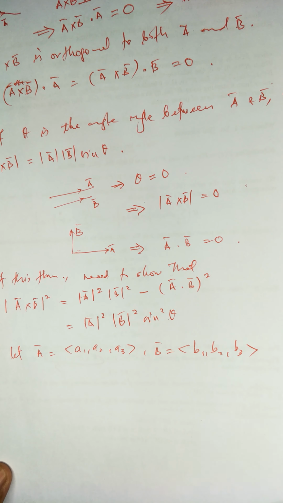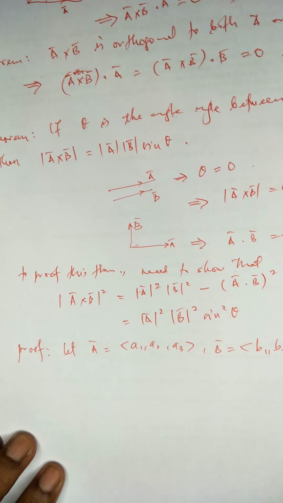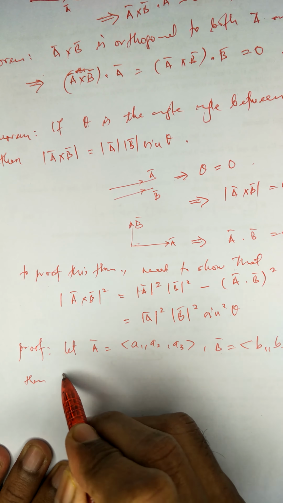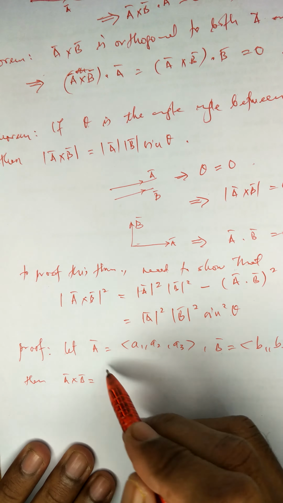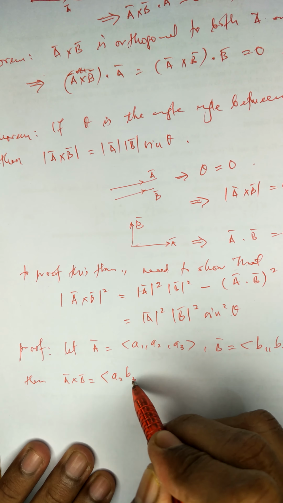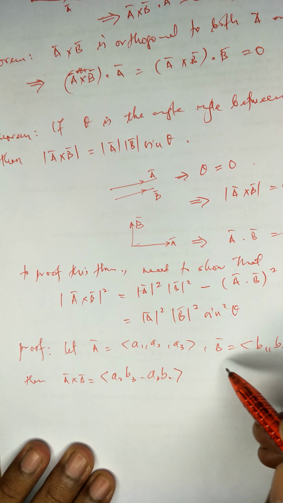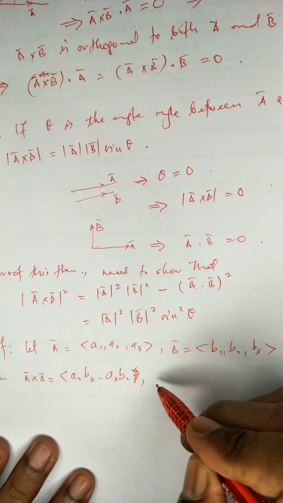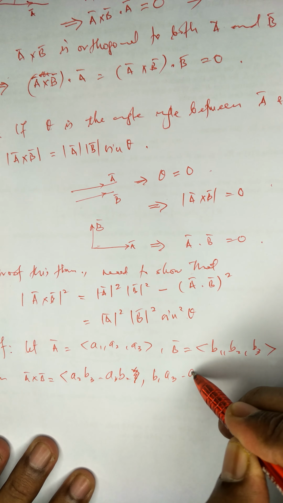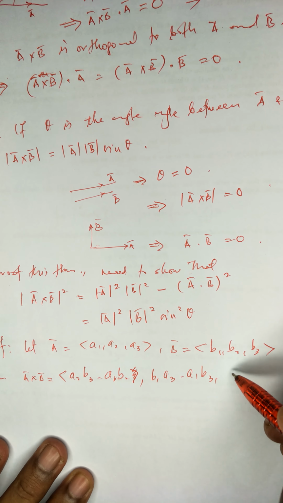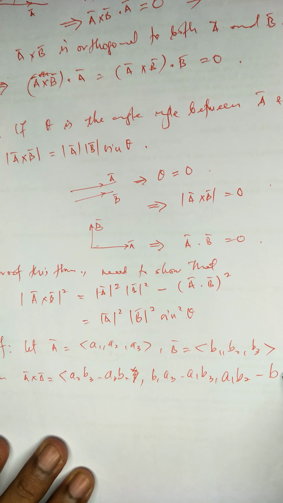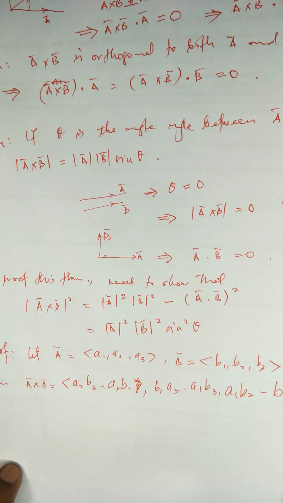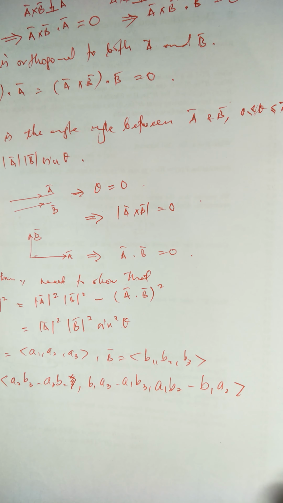If we perform the cross product between these two vectors by definition, A cross B gives us A2 B3 minus A3 B2 for component i, A3 B1 minus A1 B3 for component j, and A1 B2 minus B1 A2 for component k. That's the definition of A cross B.